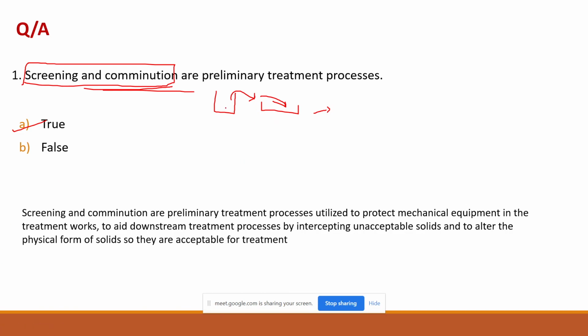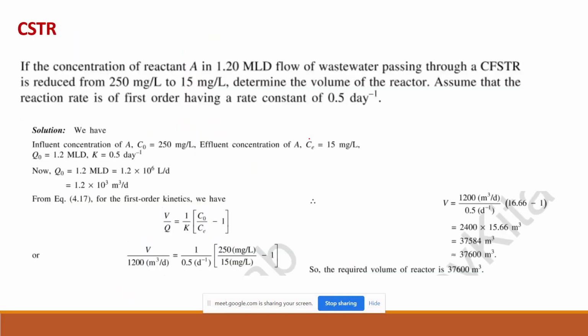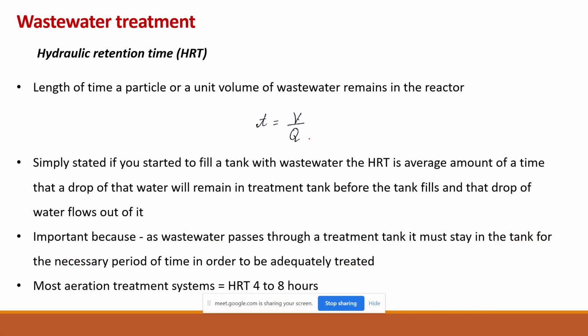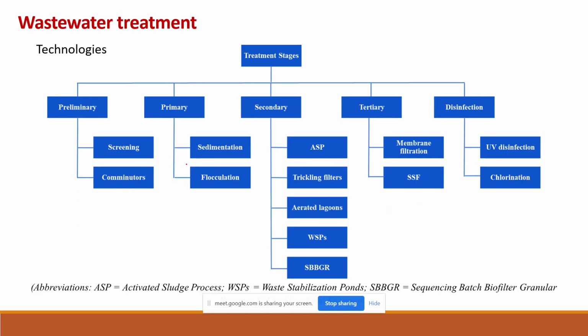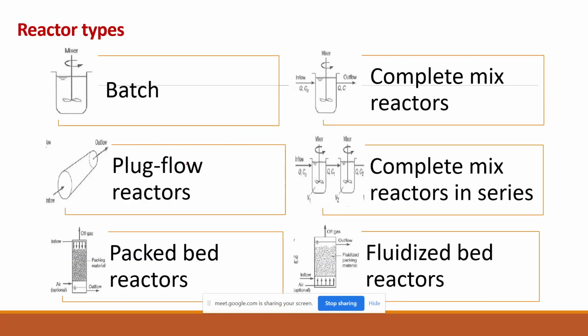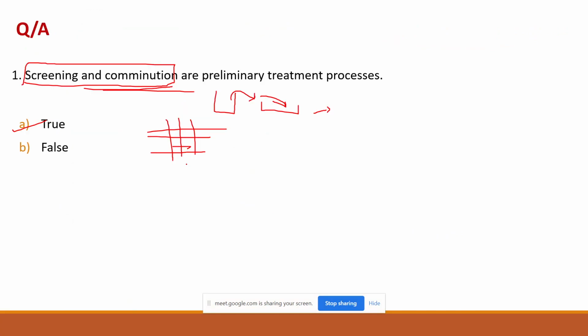That is why all the larger solids are removed in the preliminary treatment. There are different screens through which it passes and it is removed. We studied a diagram in the reactor part. Such screens and comminutors remove your large solid material, right? So this will be true.